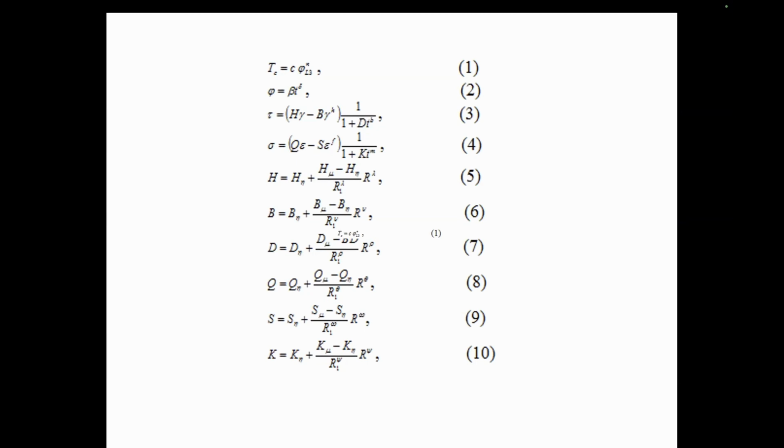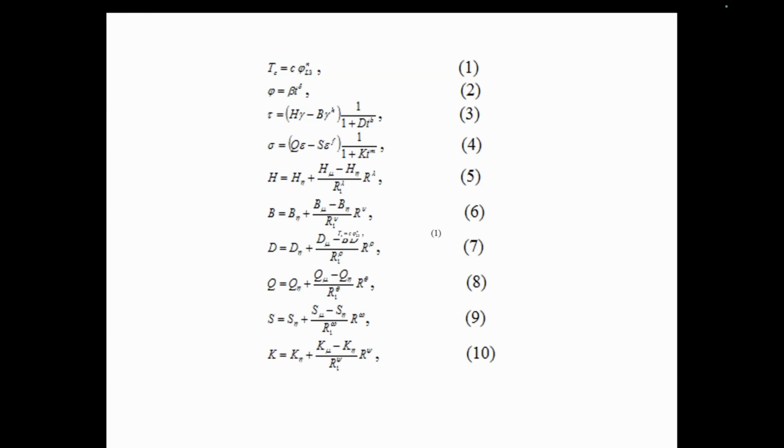The shaft mechanical behavior under torsion is non-linear viscoelastic, it obeys the law number 3, where tau is the shear stress, gamma is the shear strain, H, B, and D are material parameters.